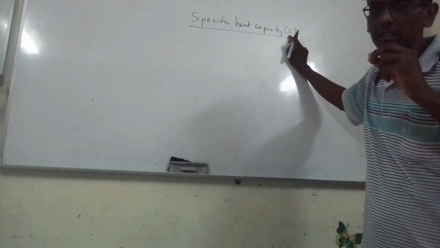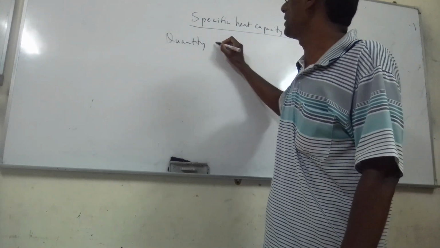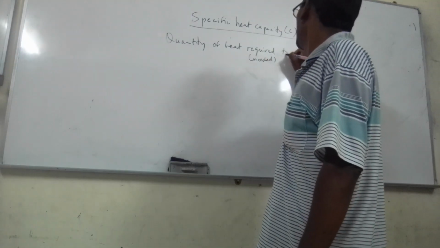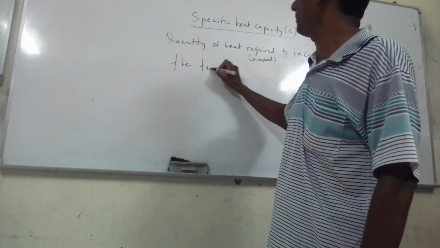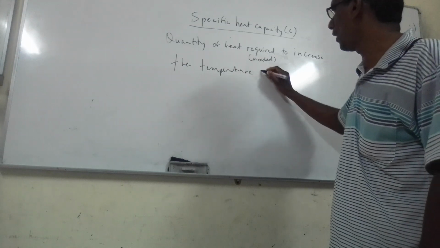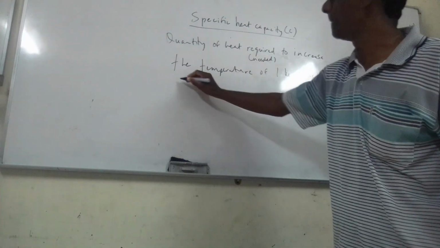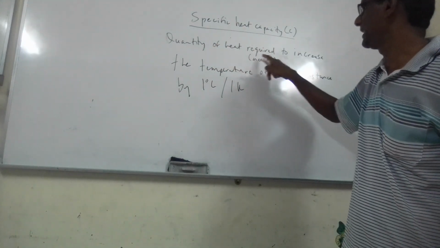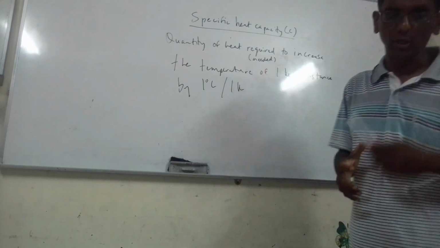Specific heat capacity means the quantity of heat required or needed to increase the temperature of 1 kilogram substance by 1 degree Celsius, or we call it 1 Kelvin.